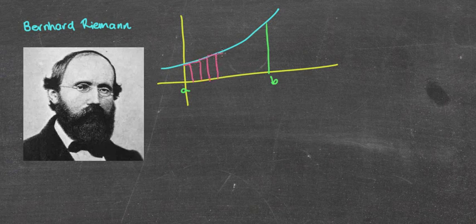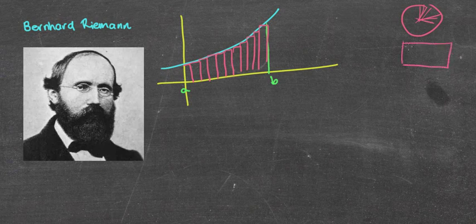Because the smaller these rectangles are, the fewer bits we are missing. If you relate it back to pi, when we're trying to find the area of a circle, we cut it up into really small triangles and put them together to make a rectangle.